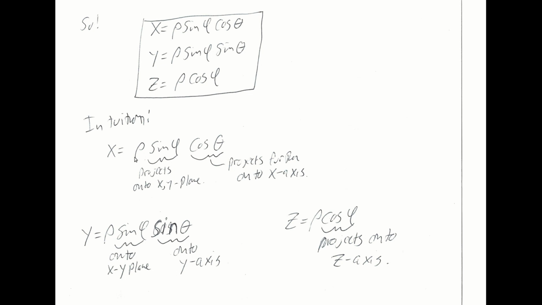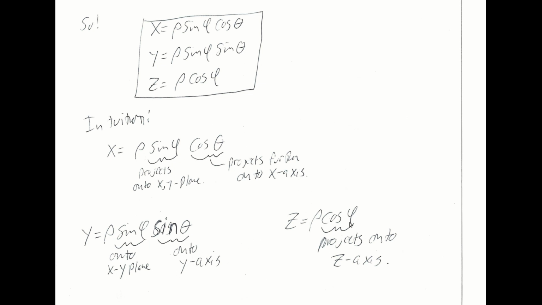Taking that and multiplying it by cosine theta further projects me onto the x-axis. Likewise, for my y values, I start with rho sine of phi, I've projected into the xy plane, and now I multiply by sine of theta to project over onto the y-axis. So cosine of theta to get to the x-axis, sine of theta to get to the y-axis.